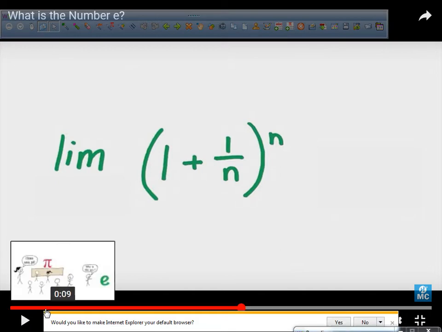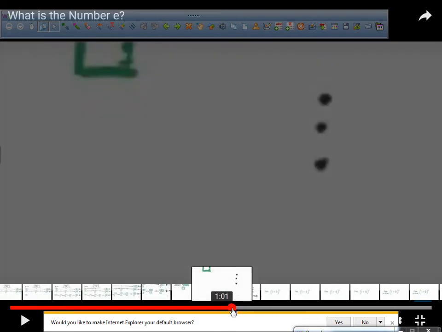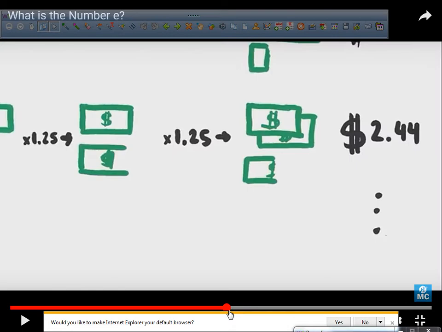And if you decided you were going to do it quarterly, quarterly is every 3 months, right? Then monthly, then daily, then hourly, then per second.